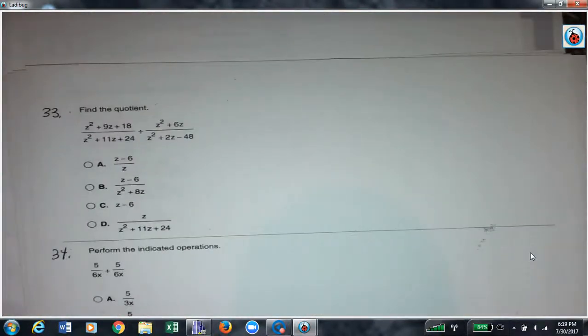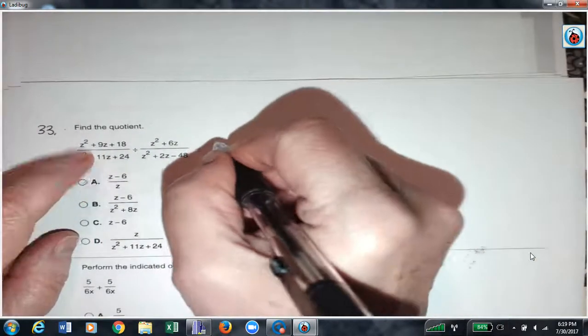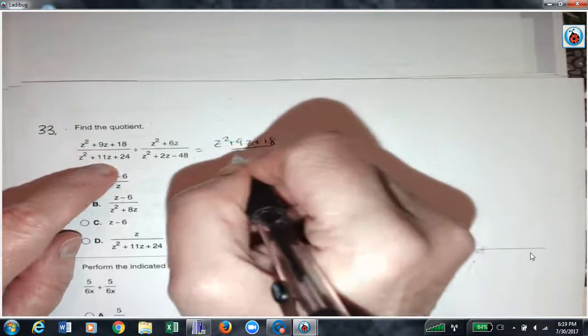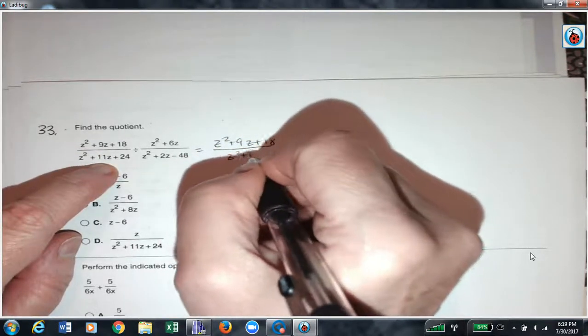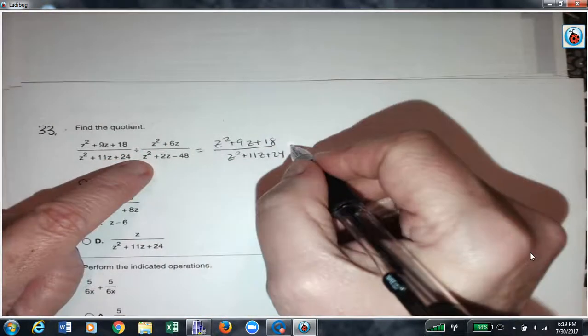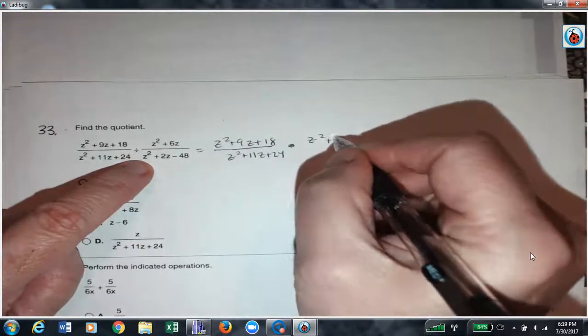Okay, another quotient. So the first is going to be unchanged. But it's going to be times the flip of the second one.